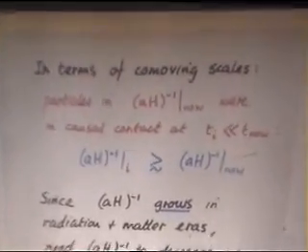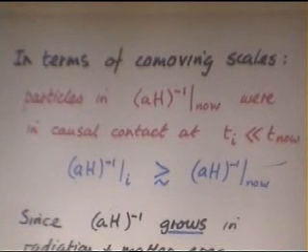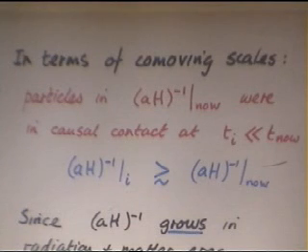Now, to come back to this isotropy issue, let me put it another way. I think it's more useful to think of this in terms of co-moving scales. You can do it either way: in terms of physical scales, which was the previous diagram, in terms of conformal diagrams, which is something that George discussed, or in terms of co-moving scales, which I find quite useful.